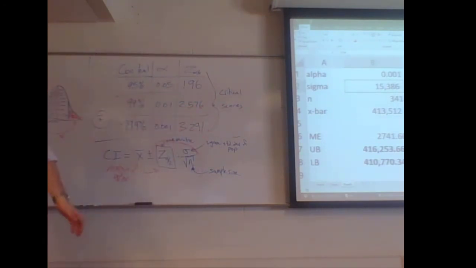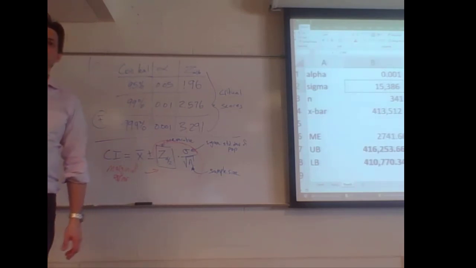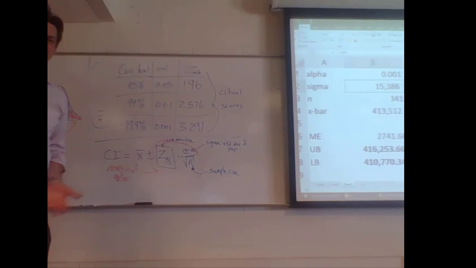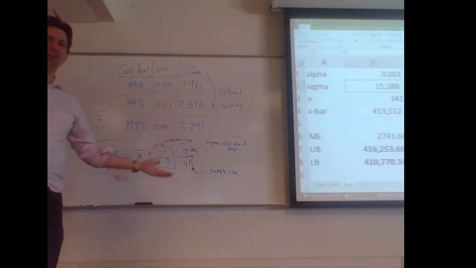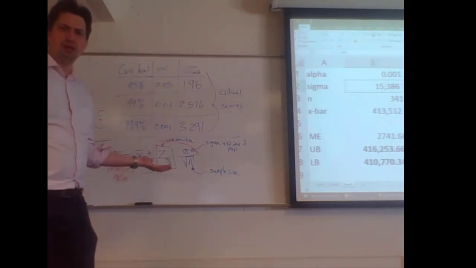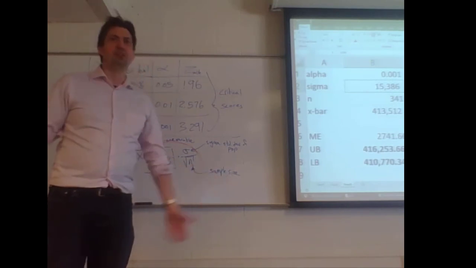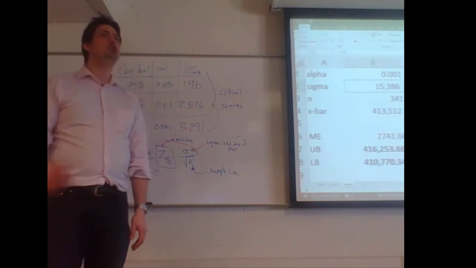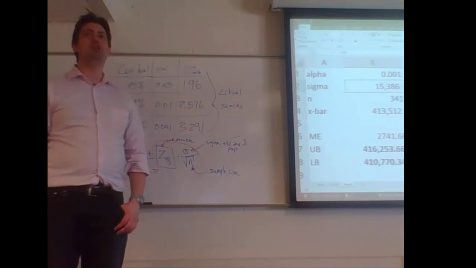The only other ways to do it is to change something else. We can't really change sigma, that's fixed. We can change n. That's a range of over 5,000. Could you narrow it any more? How do we narrow it?